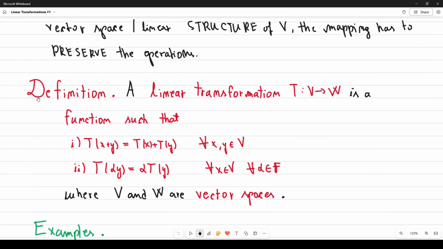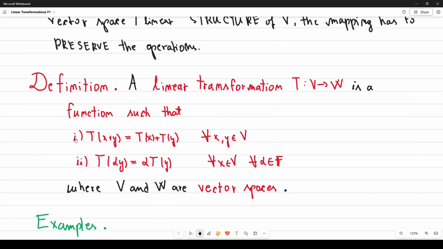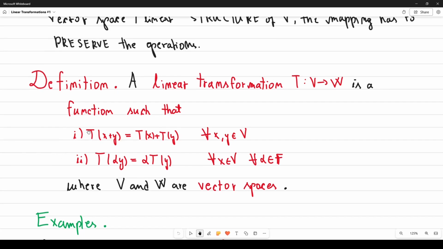So, what is a linear transformation? A linear transformation is a function that maps V to some subset of W, such that these two properties hold. If you take the sum of two vectors in your original space and map it, that is equal to mapping the vectors separately and then adding them in your other space.